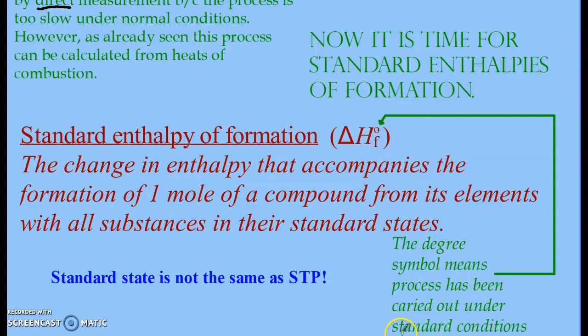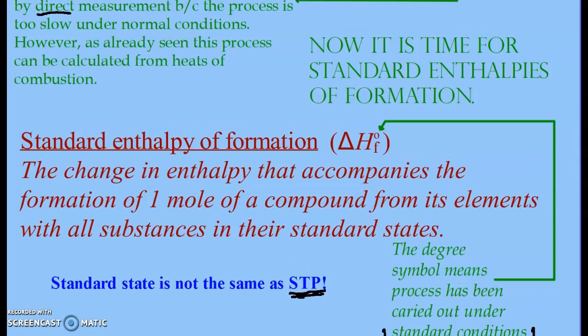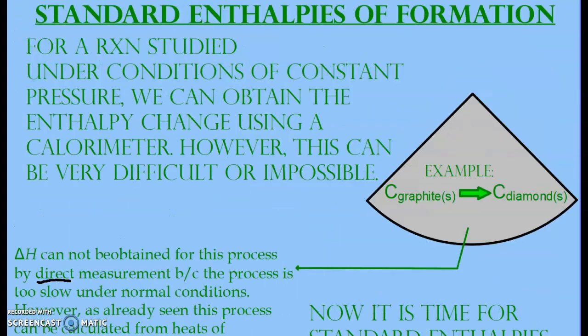What it means is that this has been obtained using standard conditions. We haven't talked too much about this, but it's a little bit different than STP, standard temperature and pressure. And we'll see what those exact stipulations are here.